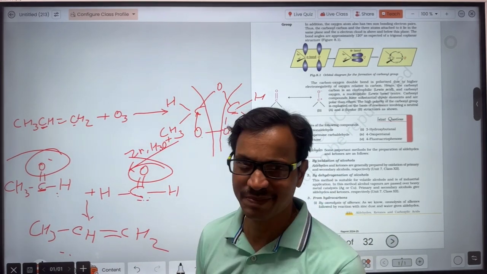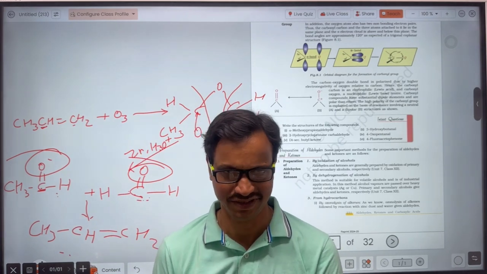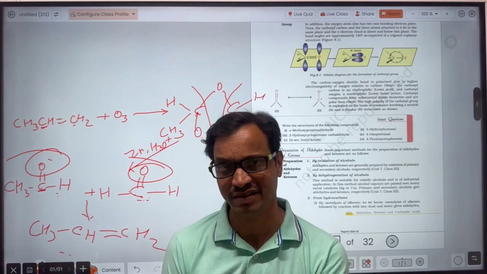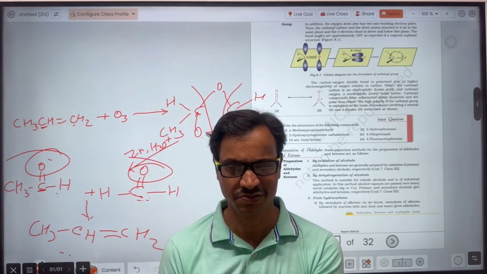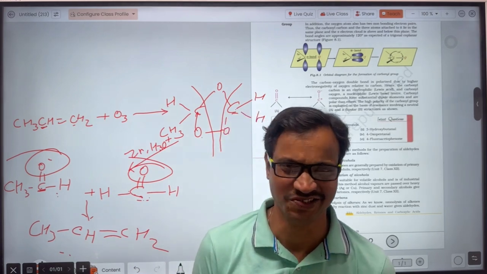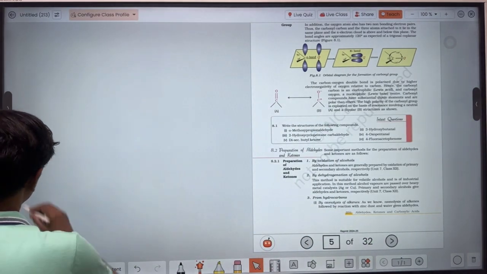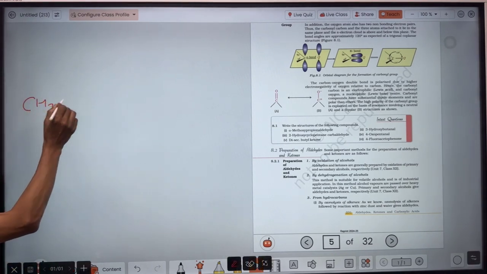In the same way, there may be formation of aldehyde and ketone both from the same alkene, if the alkene has two alkyl parts bonded to an unsaturated carbon atom. Let's see here. This is the alkene I am taking.